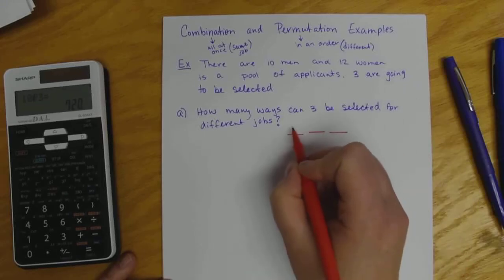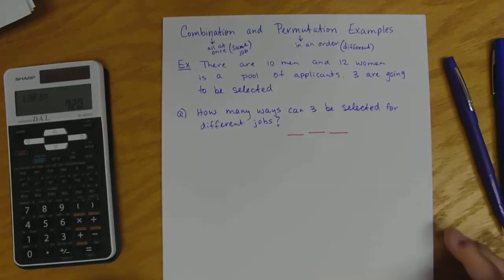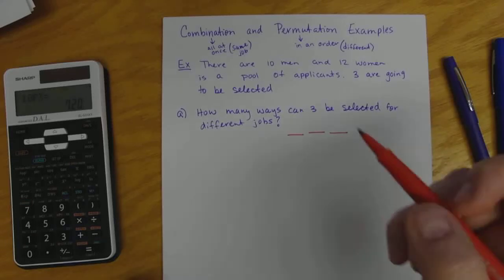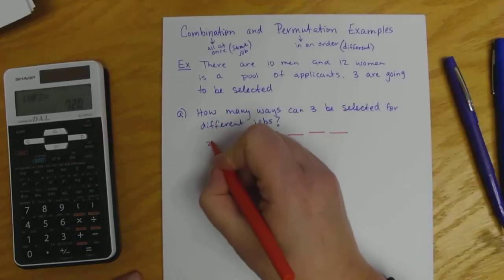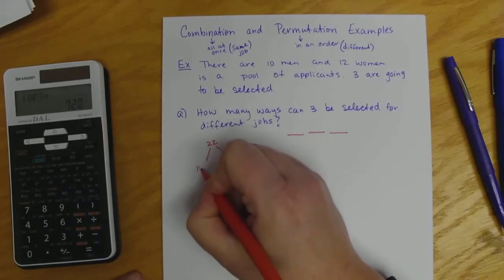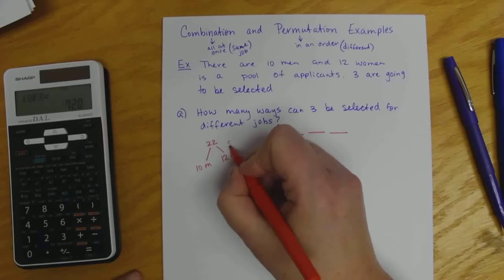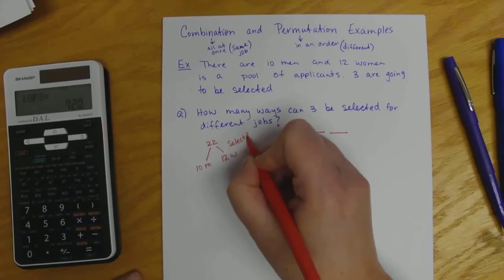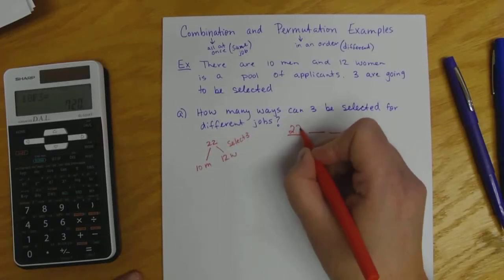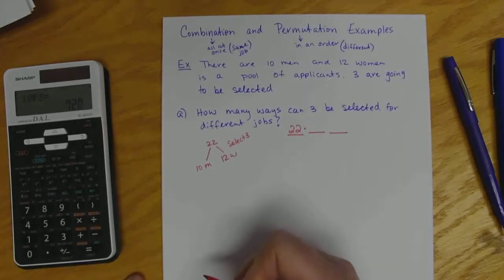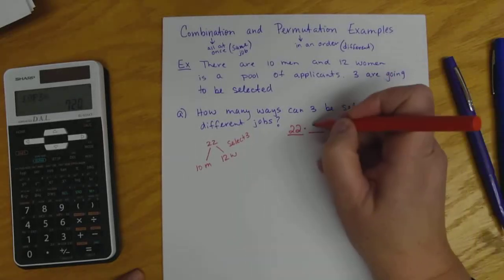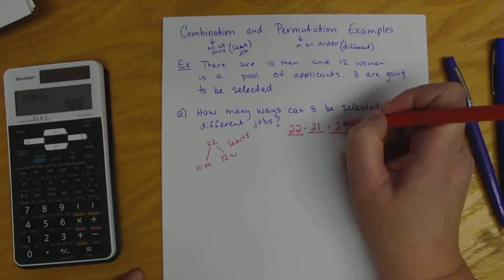Here's the first job. How many people are there altogether they're selecting from? There's not 10 or 12, there's actually 22. 10 are men and 12 are women, and we are selecting 3. So there's 22 people to select from for the first job, and then the second job, 21, and then 20.